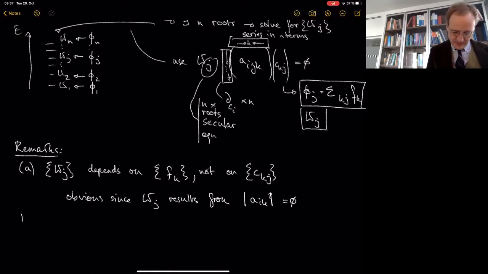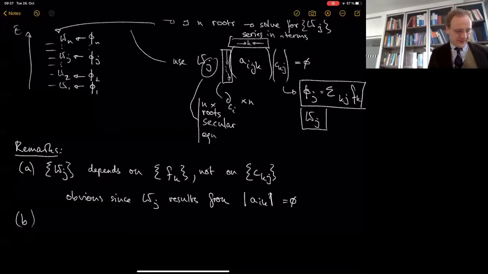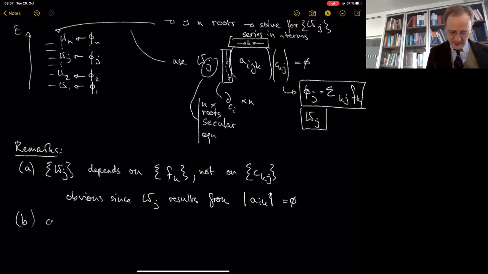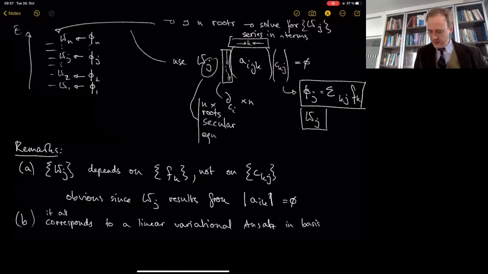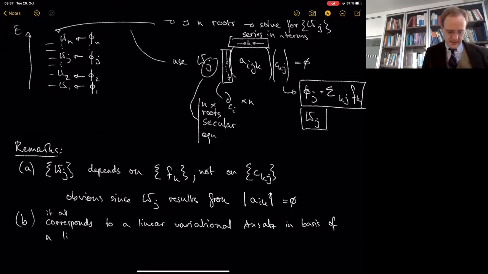What we just discussed, it all corresponds to a linear variational Ansatz in basis of n linearly independent basis functions.